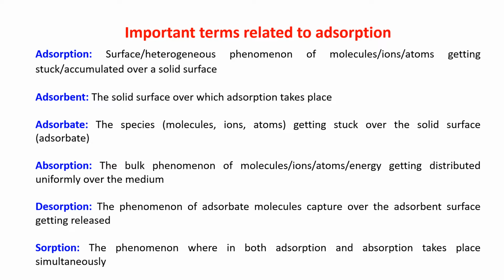Then it is known as desorption. And the last one is sorption. Sorption is the phenomenon wherein both adsorption and absorption take place simultaneously. Then that phenomenon is known as sorption.